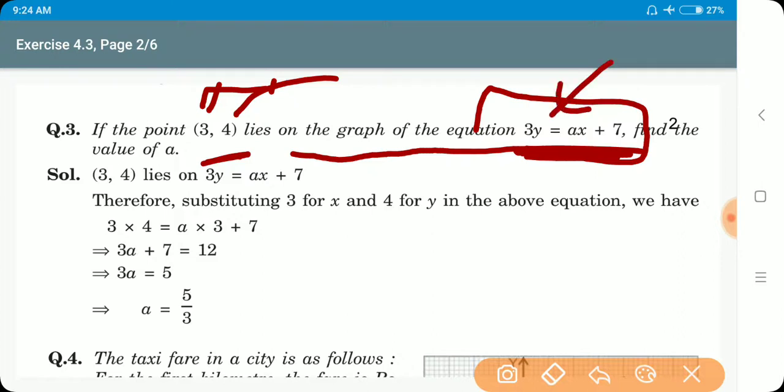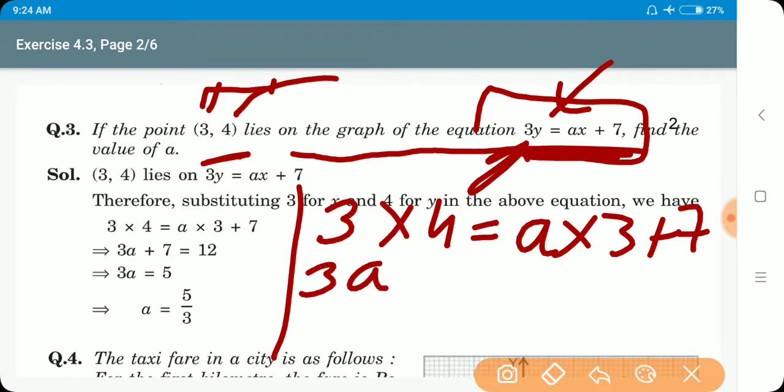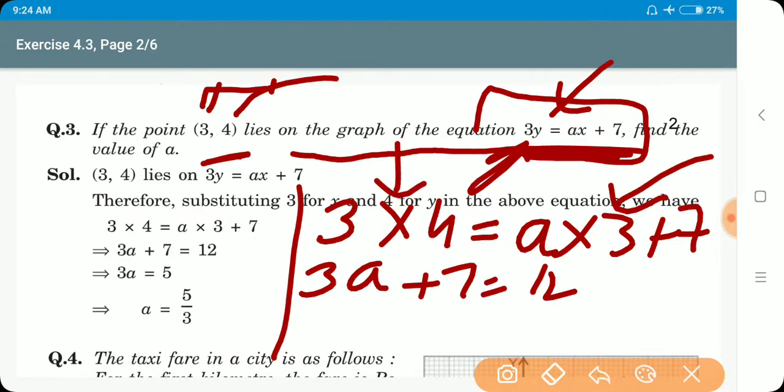In this equation, you can put 3 into y. What is the value of y? 4 is equal to a into 3 plus 7. So you solve here: 3a plus 7 is equal to 12, because this one is equal to this one.